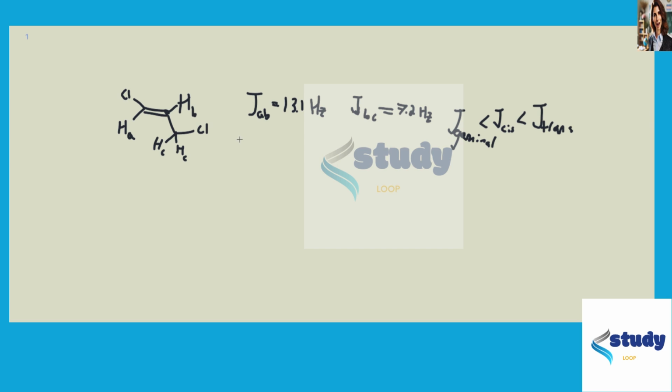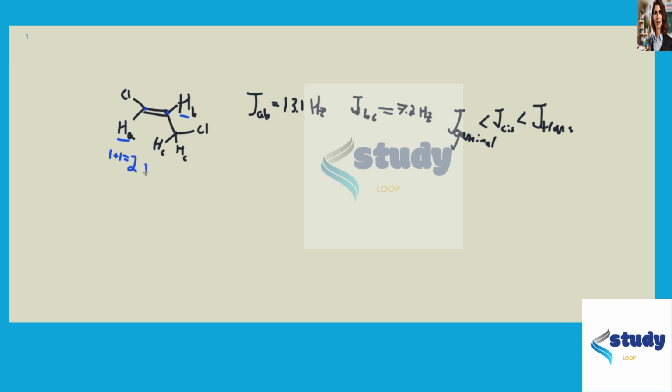So the way that we should go about determining the splitting pattern is, following our n+1 rule, how many neighbors we have. We're interested in HB, so this is what we want to determine the splitting pattern for. Attached to the central carbon, we have an adjacent carbon that is attached to one proton. So we have one neighbor, and with the n+1 rule, that gives us two peaks in our NMR spectrum.